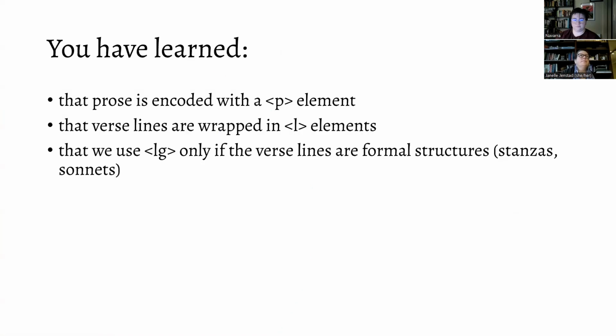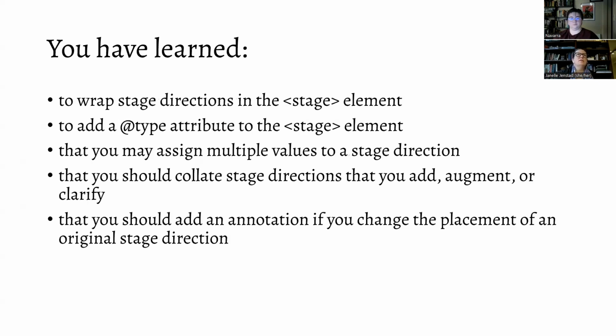To recap, you have learned that prose is encoded with a P element, that verse lines are wrapped in L elements, and that we use LG only if the verse lines are formal structures like stanzas or sonnets. You have learned to wrap stage directions in the stage element, to add a type attribute to the stage element.